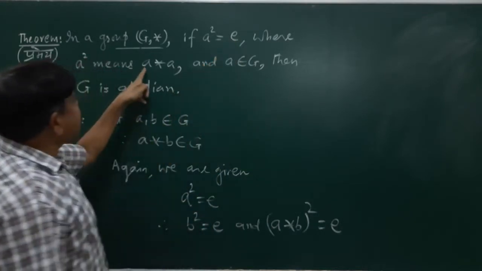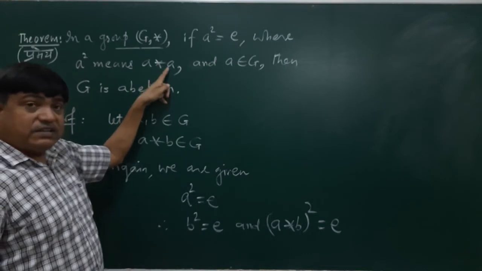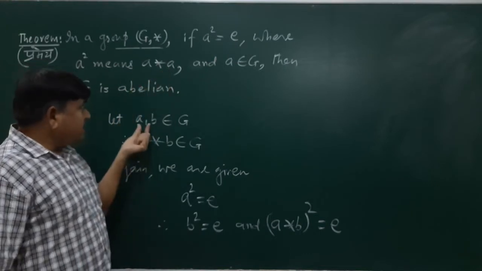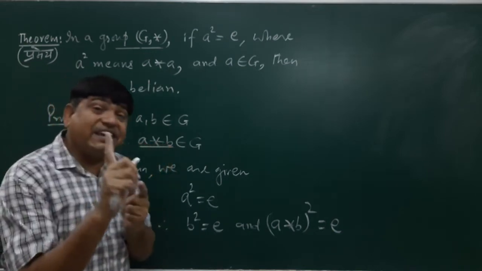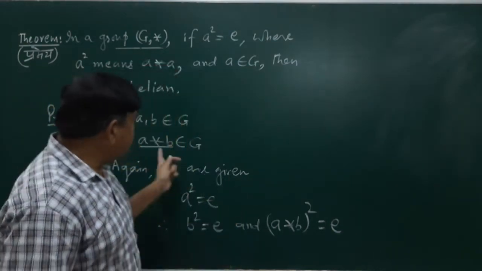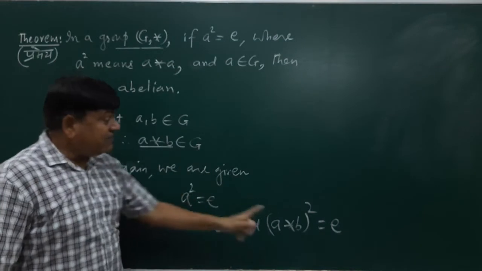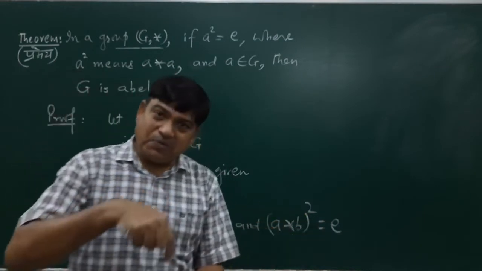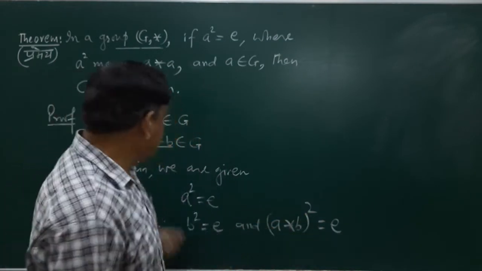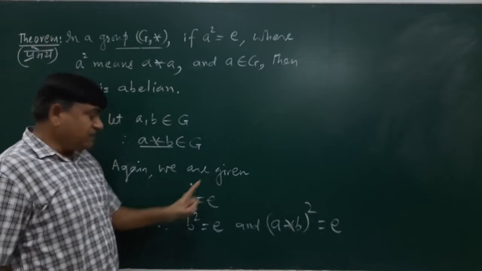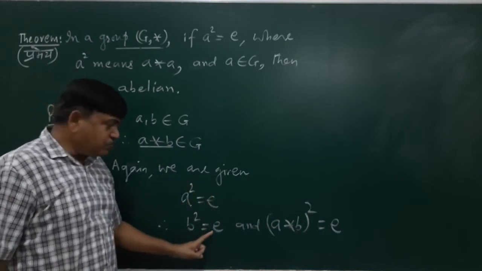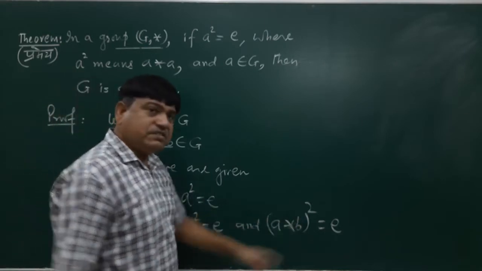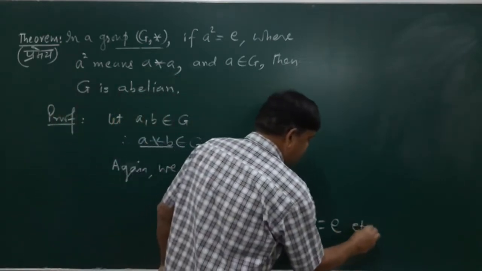A square means A is composed with A. Let us suppose this element is K, for example. If K belongs to G, then K square is equal to E because it is given to us. In a similar way, B square is also E, and A star B whole square is E.